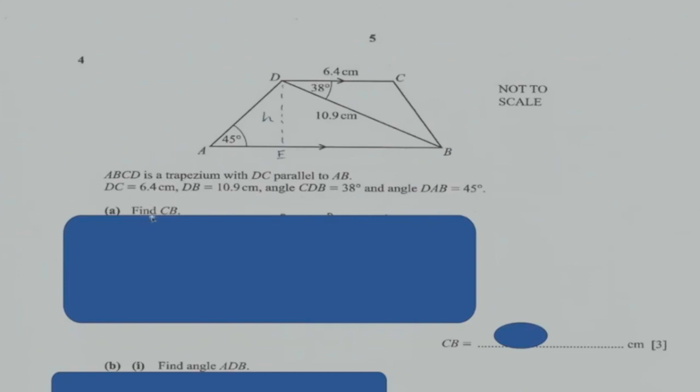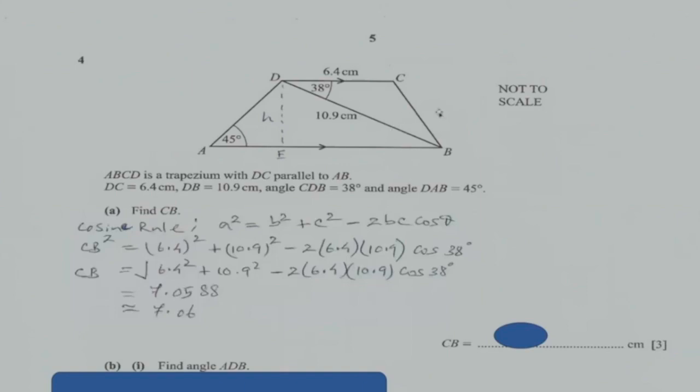Find CB. We can use the cosine rule for this one. Then we can write like this: a squared equals b squared plus c squared minus 2bc cos theta.